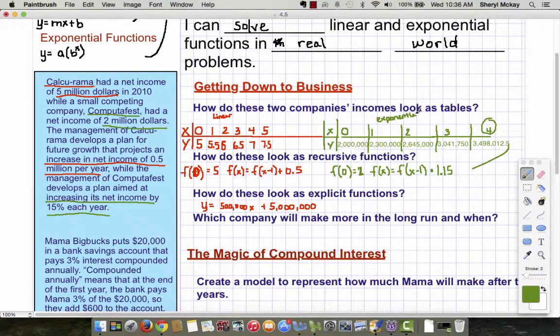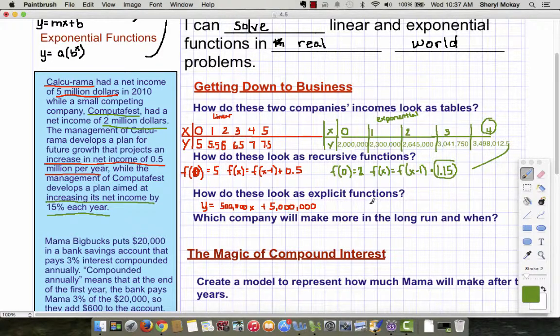Well, let's think about the change factor. Our change factor is actually 1.15, right? Because we're multiplying by the 15%, but adding it to the original total. We're not getting smaller, we're actually getting bigger. So it's 1.15.